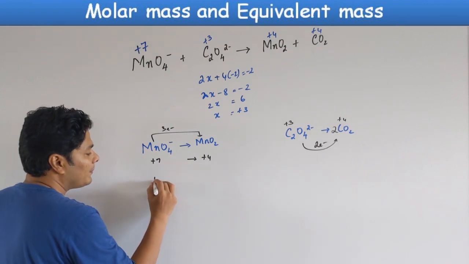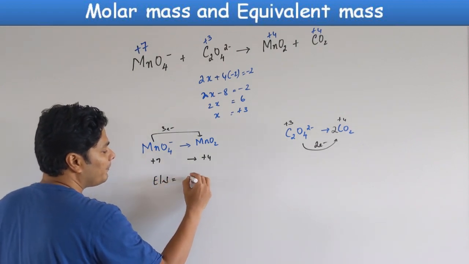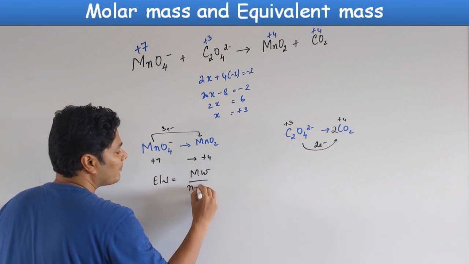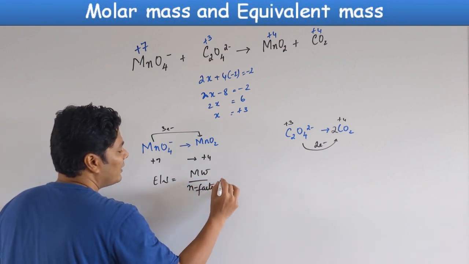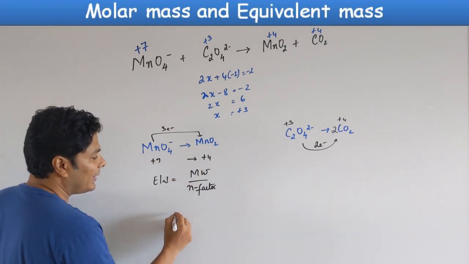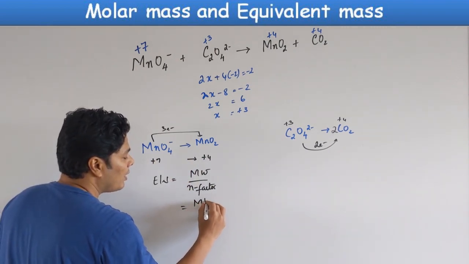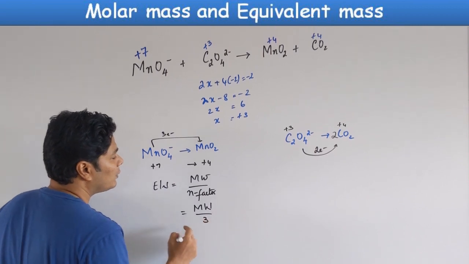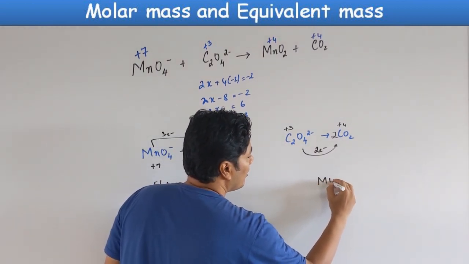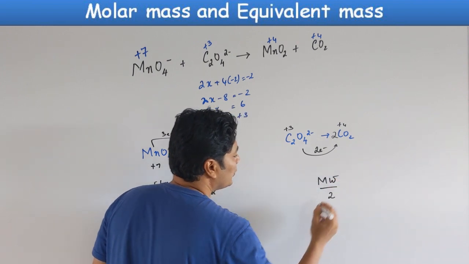Now equivalent weight is nothing but your molecular weight divided by n factor. N factor is nothing but the change in electrons. So in our case, this will be molecular weight divided by 3. In this case, it is going to be molecular weight divided by 2.